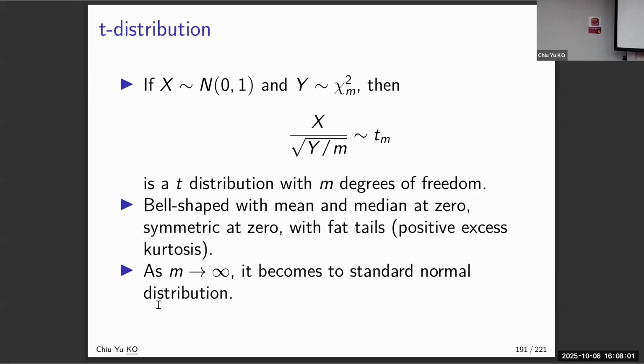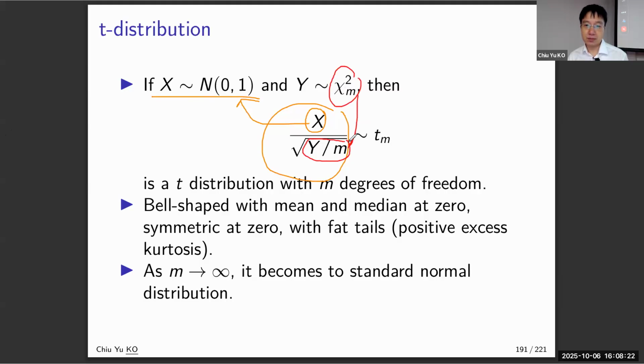But what is this? Later we'll see it is the following. It's a ratio, a fraction. The numerator is the bell, and the denominator, as I said, is chi-square m over m. And you ask, what are we doing? It's crazy. Why are we out of our heads, right?